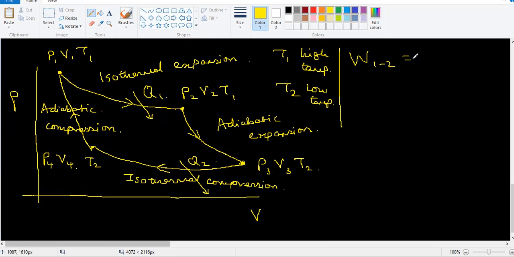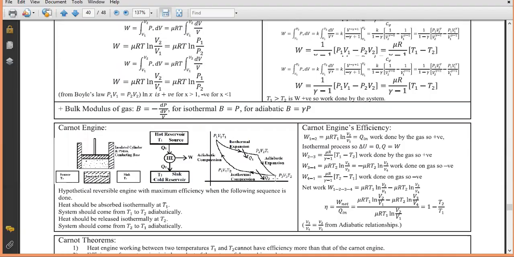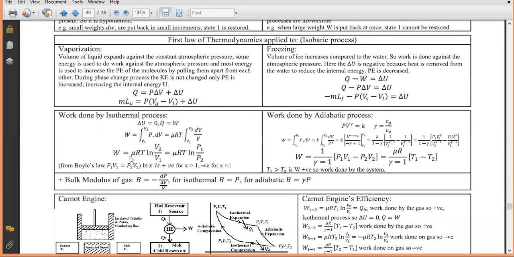If you go back and check your notes, we derived mu R T ln V2 by V1 for isothermal. For adiabatic, we derived mu R by gamma minus 1, T1 minus T2. So this is what we are going to apply here.